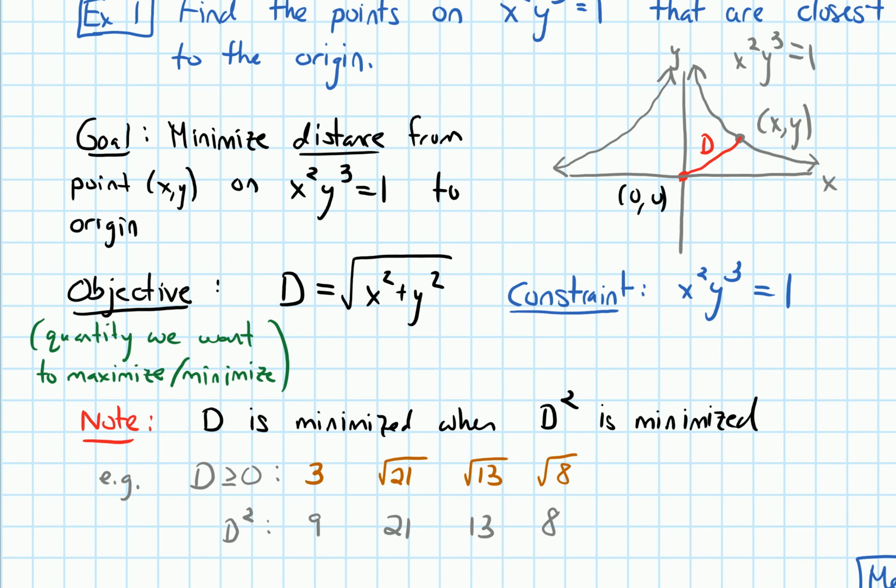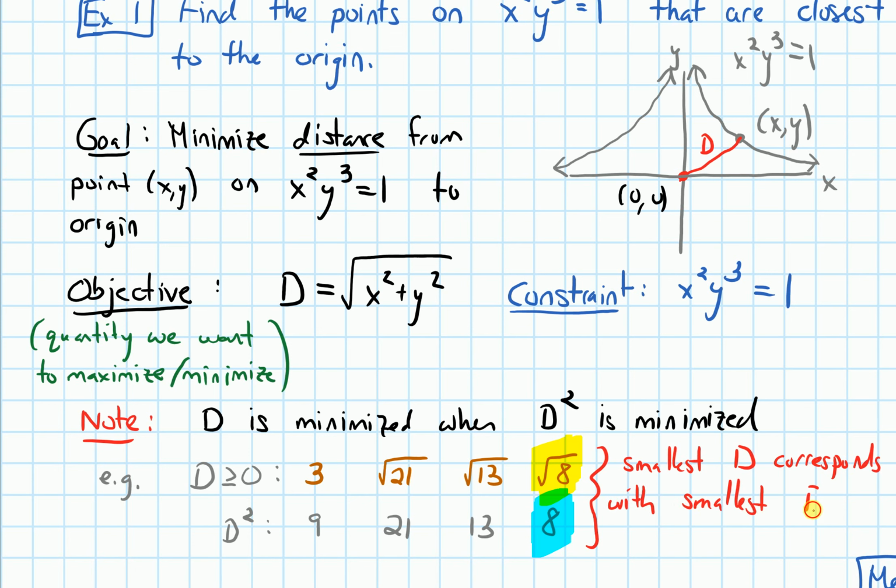Looking at these values, the smallest value of d is square root of 8, and that corresponds to the smallest value of d squared, which is 8 in this example. So the smallest d corresponds with the smallest d squared.